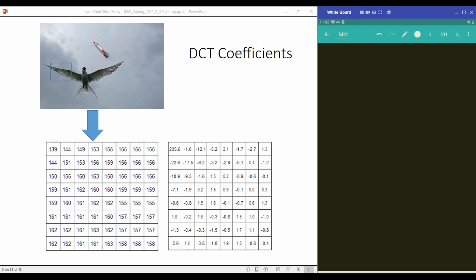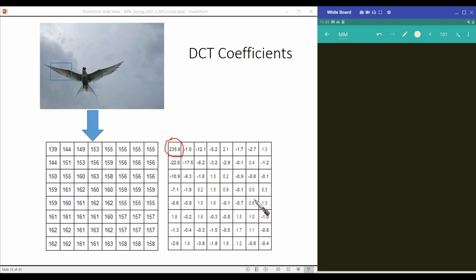That's why we try to keep the low frequency contents, and we don't care much about the high frequency contents. Okay, now how do we do so? In other words, we prioritize low frequency contents compared to high frequency contents.